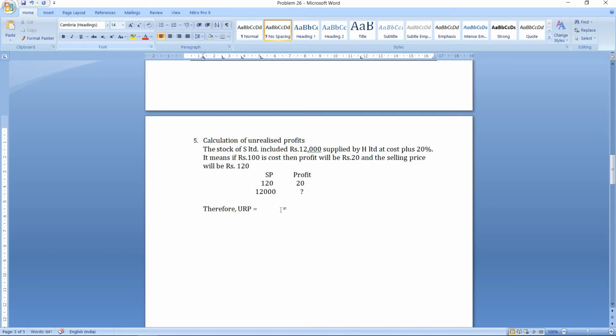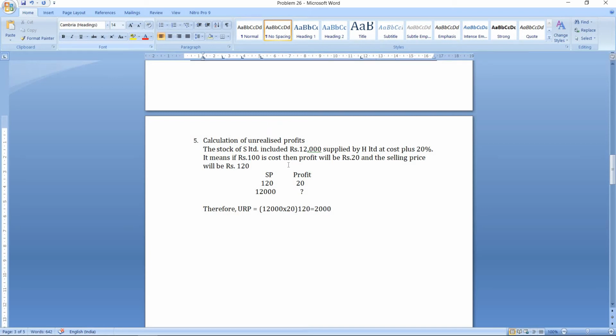So our unrealized profit will be 12,000 into 20, okay, this we can put in the bracket, divided by 120. So 12,000 into 20 divided by 120. So you will get your unrealized profit as 2,000. So this we have to eliminate from the stock.